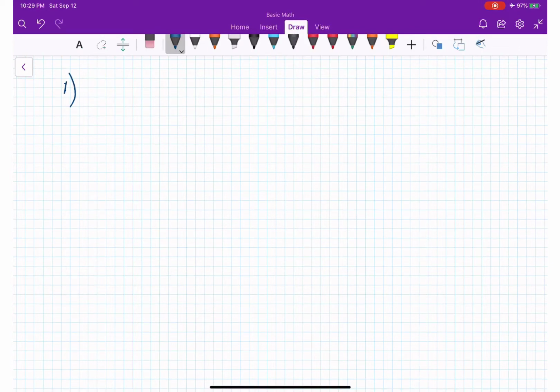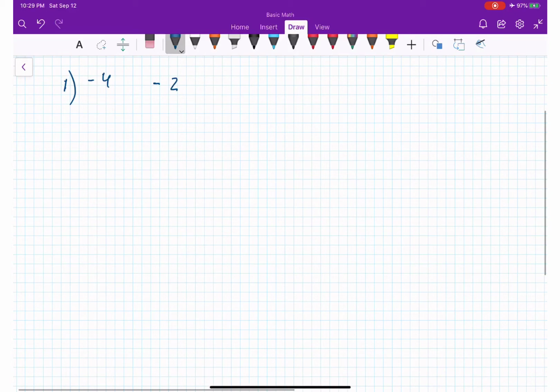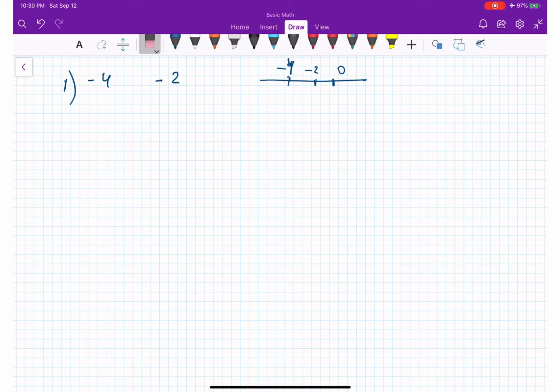Okay, we have -4 and we have -2. What do you think? Is -4 greater than -2 or less? Here it is. This is 0. This is -2. This is -4. Which means -4 is going to be less, right?